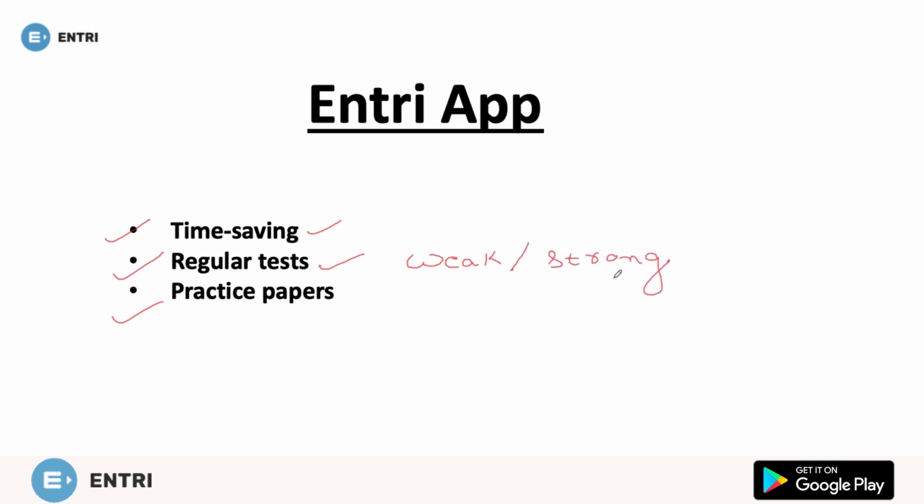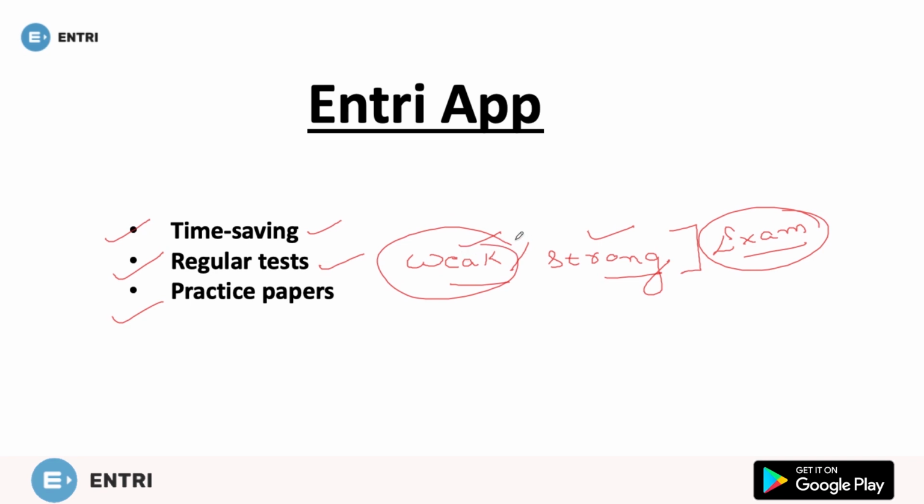It is very important because these weak and strong points will help us in the main exam. Once we know our weak points, we can make that particular topic into a strong point.